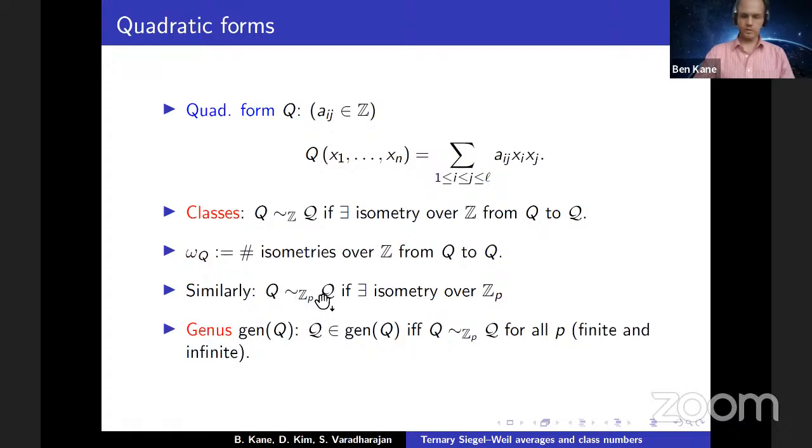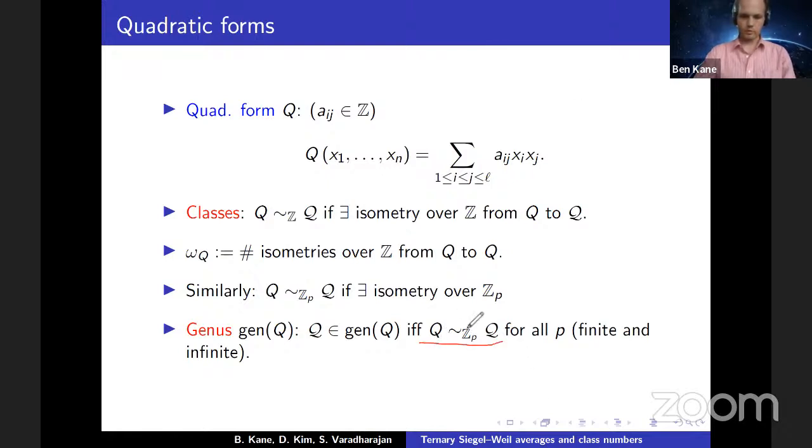And the change of variables doesn't have to be the same for every p. Now, we group together the classes into genera, which are the ones that are p-adically the same for every prime p.